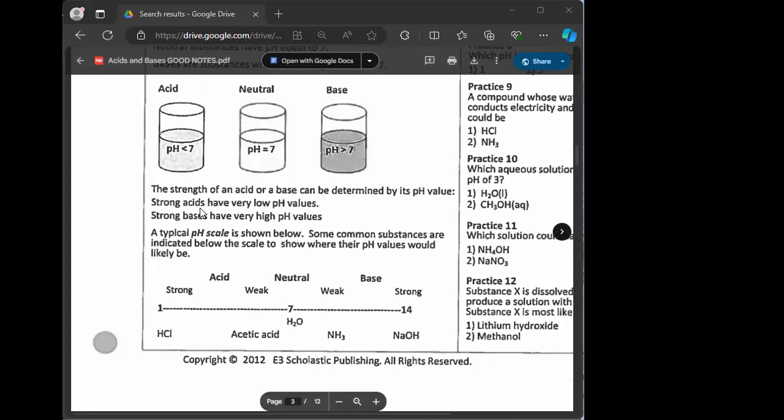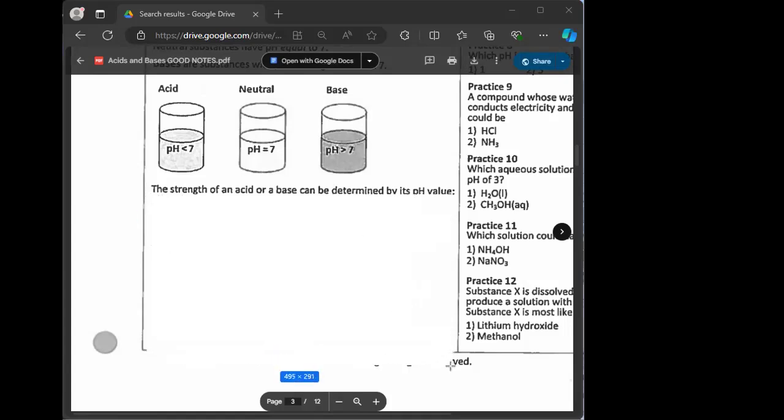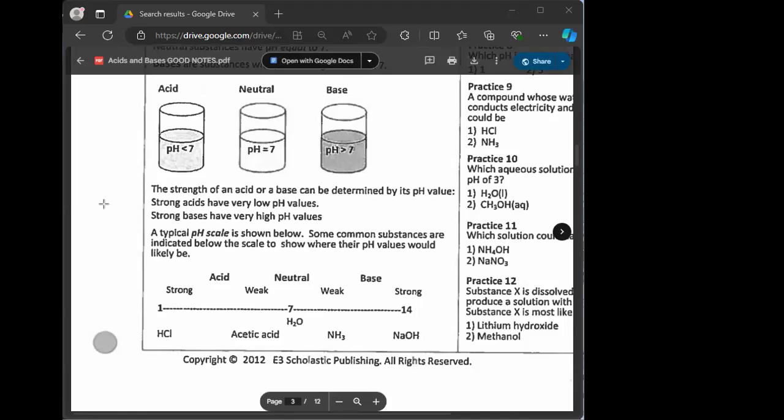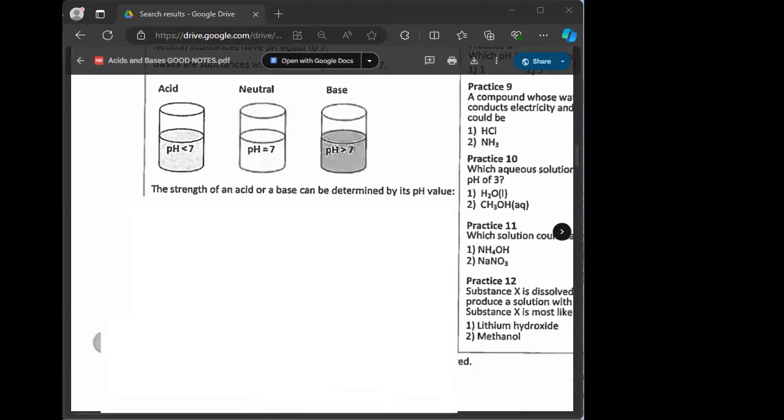Now, let's go over what exactly we mean by a strong acid or base. Okay, so what makes something a strong acid or a strong base is the ability to completely dissociate, or in other words, split into hydrogen ions.